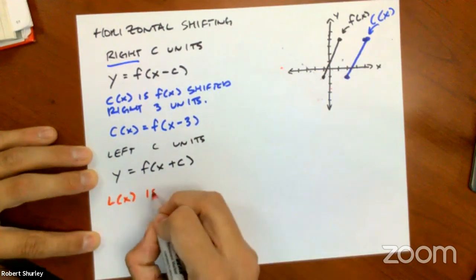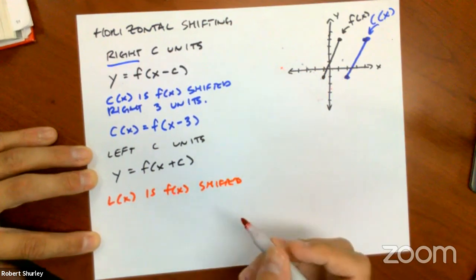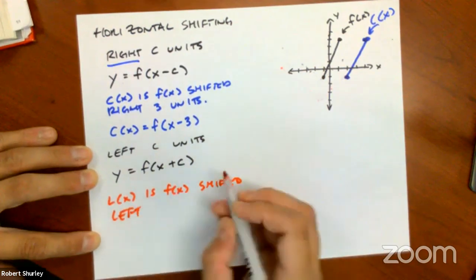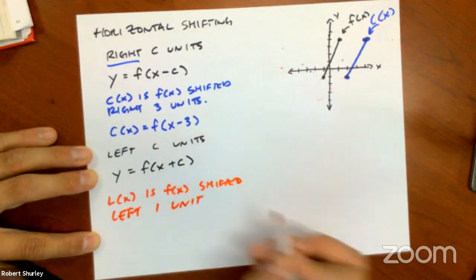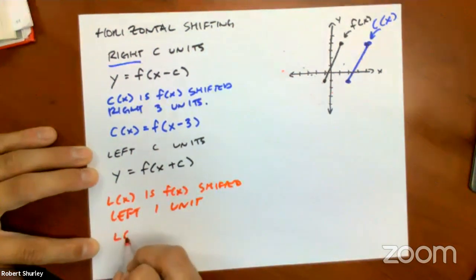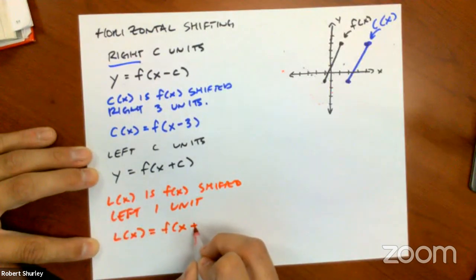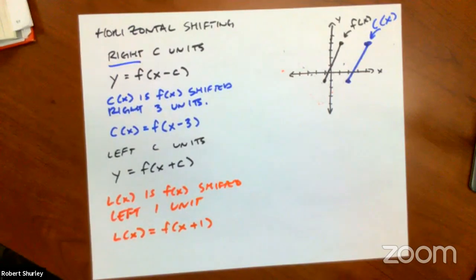L of x is f of x shifted left 1 unit. So L of x would be f of x plus 1. And I know it's backwards.